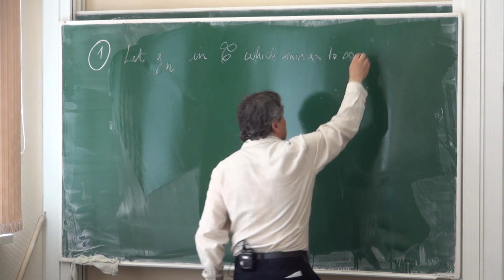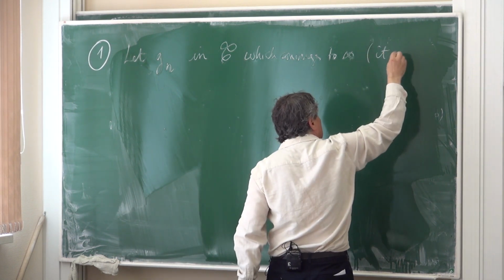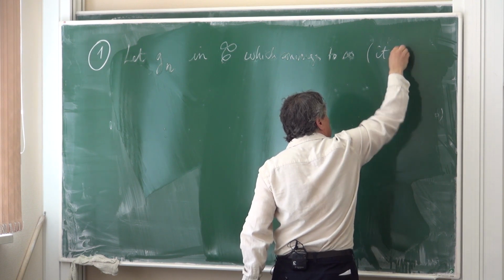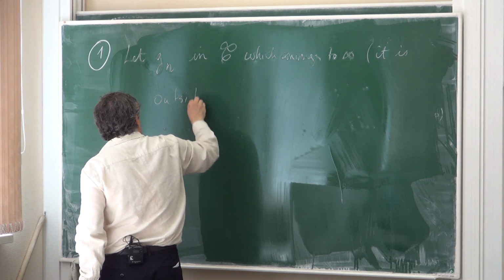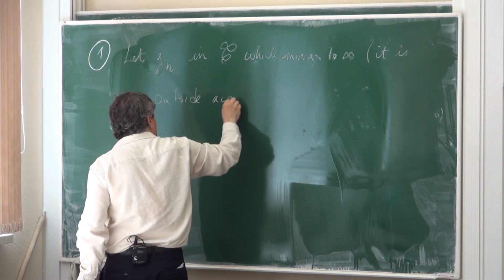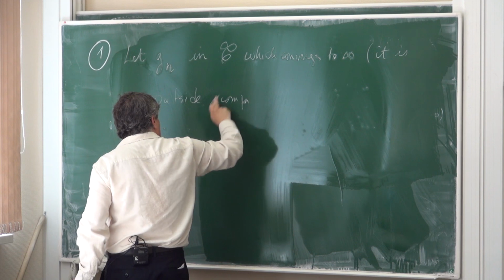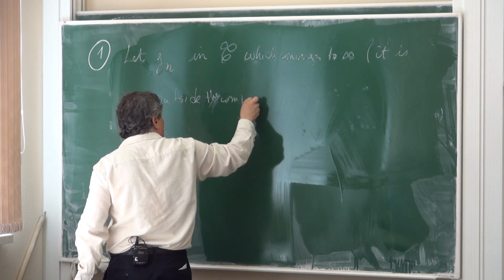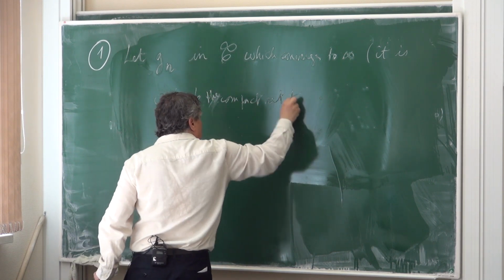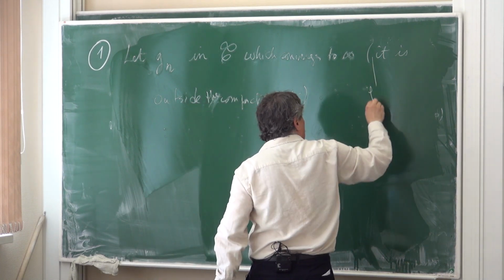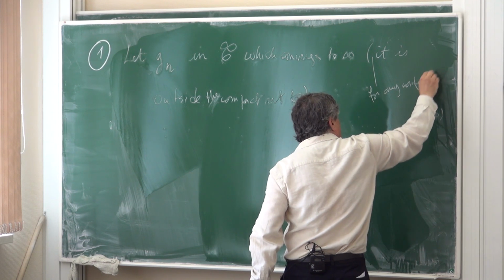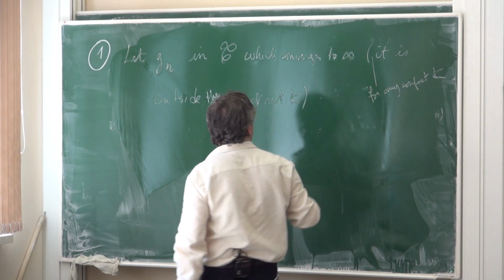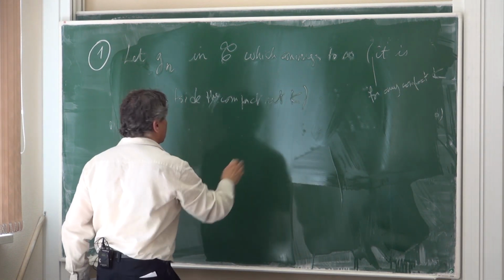This means that it is outside the compact set K, and here I have to put, for any compact set K, it is outside the compact set K.